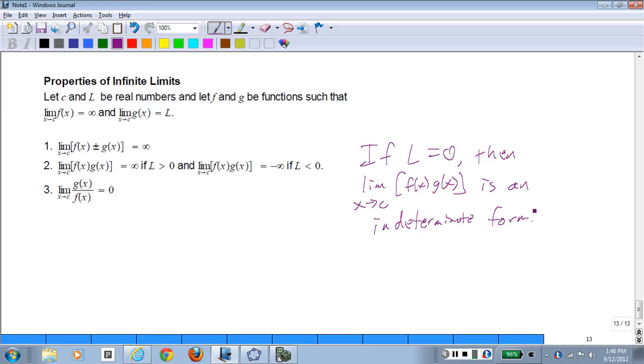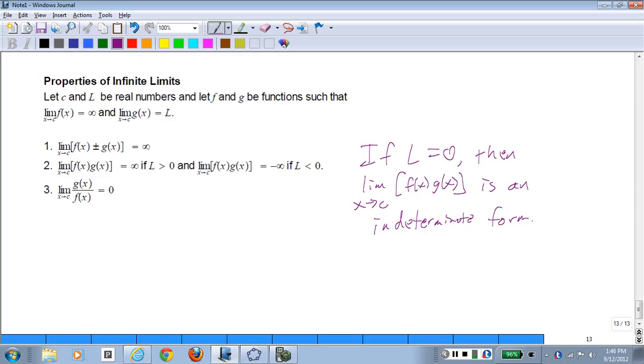And then in some ways, it will boil down to what goes to 0 faster. Does g of x go to 0 faster, or does the reciprocal of f of x go to 0 faster? I'd say, does f of x go to infinity faster than g of x goes to 0, but it's kind of hard to quantify that.